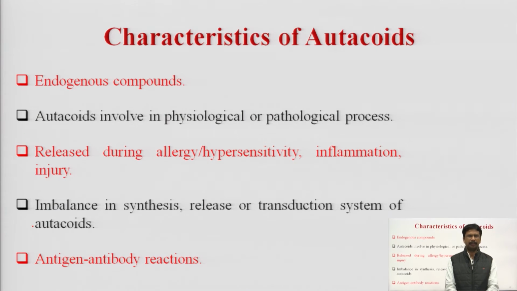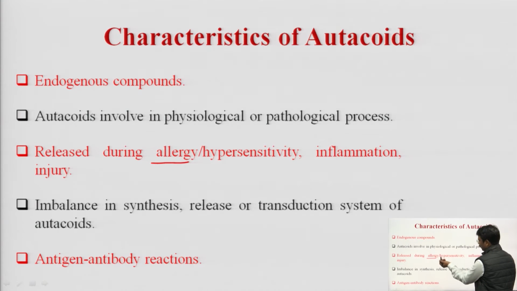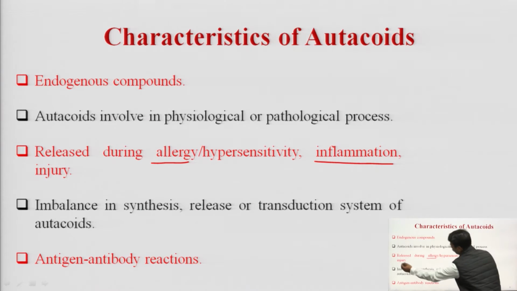You can say predominantly they have a role in pathological conditions compared to the physiological one. Generally they are released during allergy, hypersensitivity, inflammation and some cases of trauma. Here you can see the word allergy, which in some conditions is known as hypersensitivity, inflammation and injury, or you can say trauma.